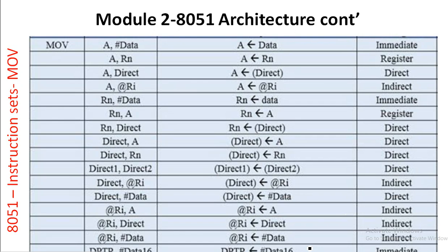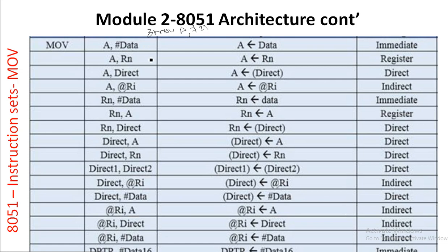So first instruction is MOV. We discussed these instructions many times before. These are the supporting instructions in the move operation. MOV A, #data. We use this instruction MOV A, #21H: data 21 will be copied to accumulator.